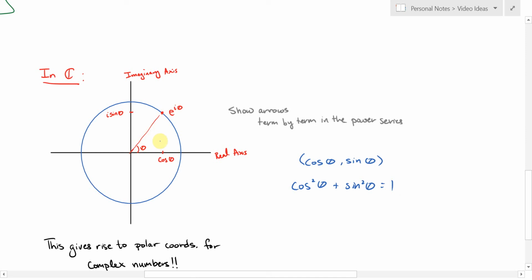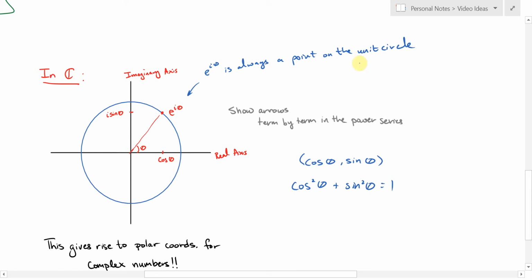So the moral of the story here is that e^(iθ) is always a point on the unit circle. Euler's formula gives us its x and y coordinates, its real and imaginary components. And those are cos and sine θ. And that forces it to be on the unit circle.